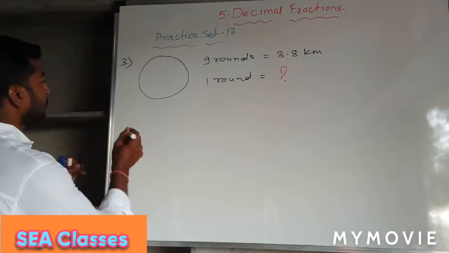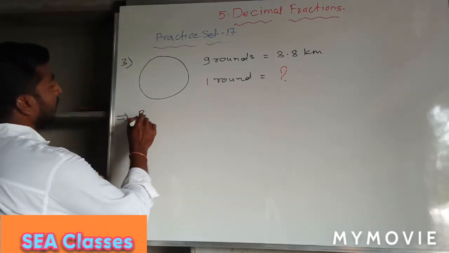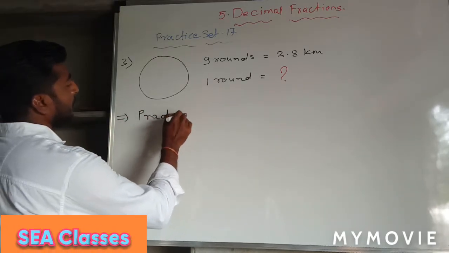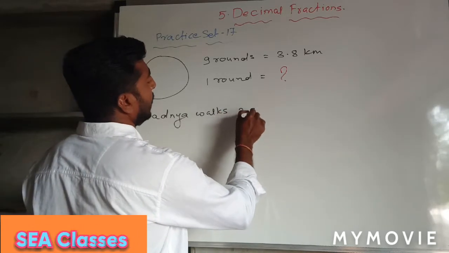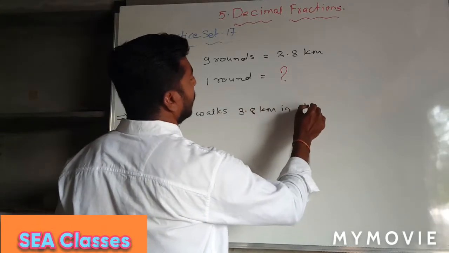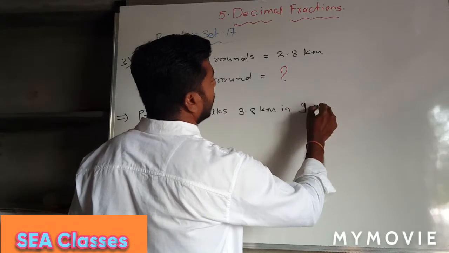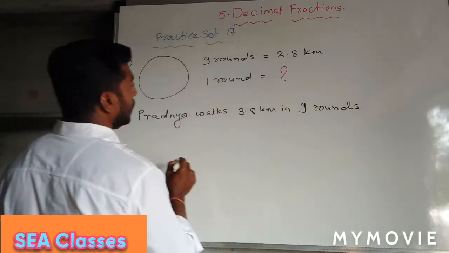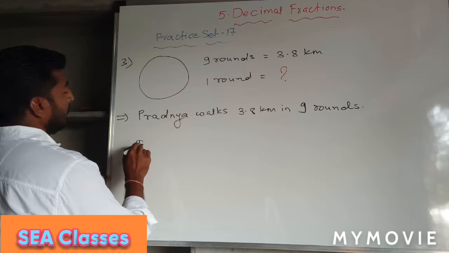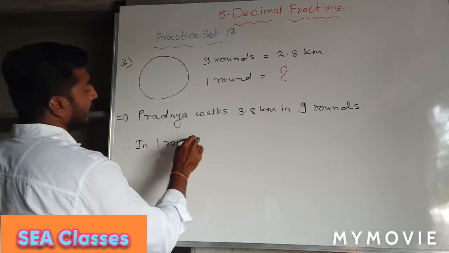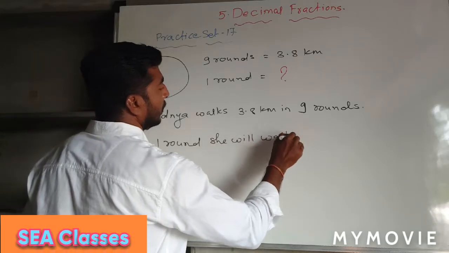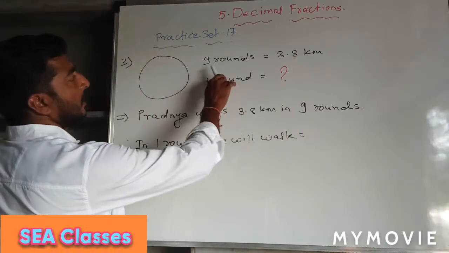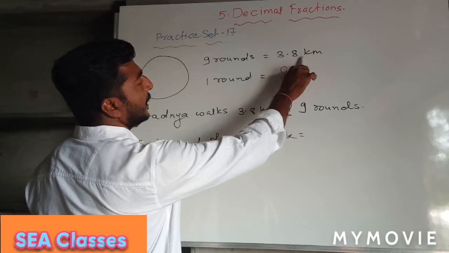So now we will see here. Pradnya walks 3.8 kilometer in 9 rounds. Therefore, in one round she will walk, so here you can see 9 rounds, 3.8 kilometers.